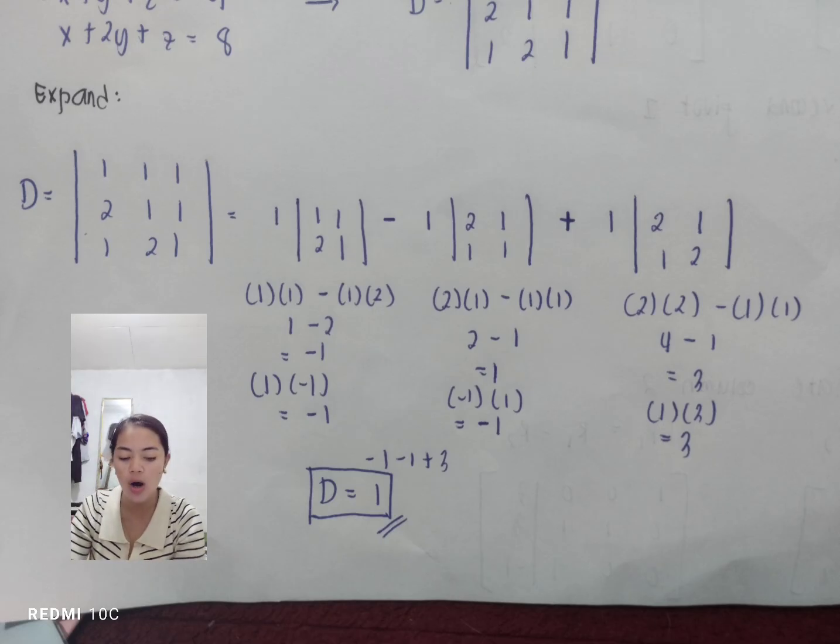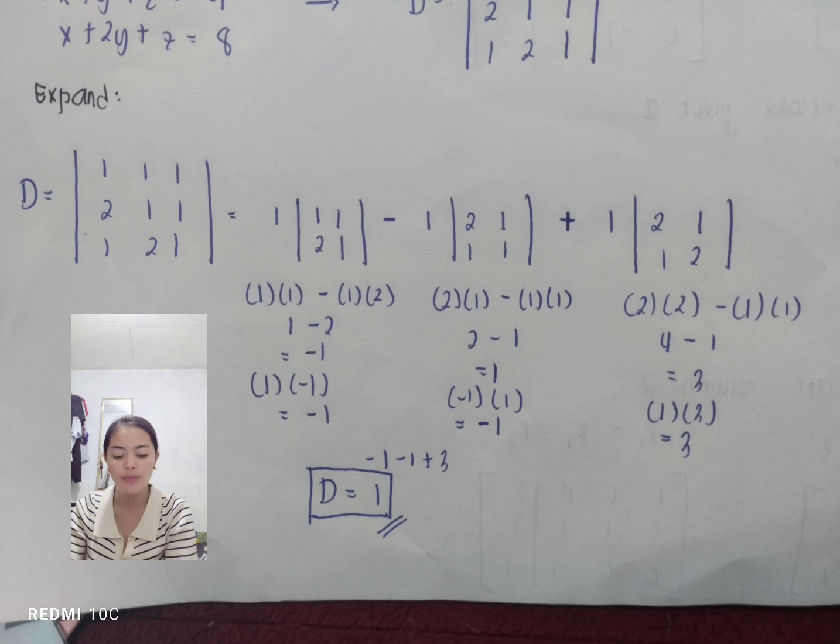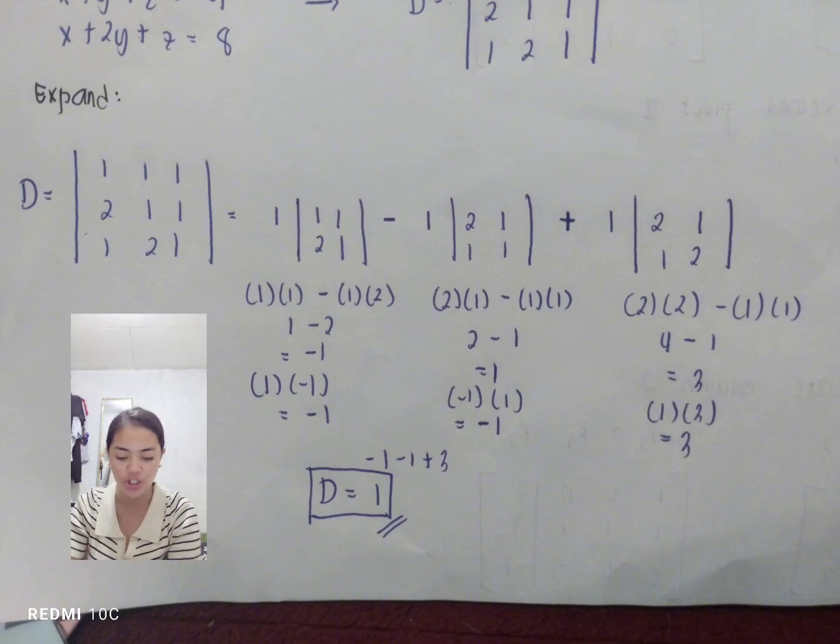So now we have 1, 2, 1, and 1, 2. Now, after this, we need to cross multiply this item. In cross multiplying, first we have 1 multiplied by 1 and 1 multiplied by 2. In this moment, we need to use the subtraction operation.